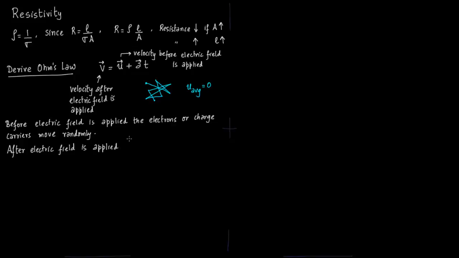Now after the electric field is applied, these charge carriers or electrons are still moving randomly, but they also start moving because of the application of the electric field. The charged particles start drifting. So they start drifting in a particular direction.